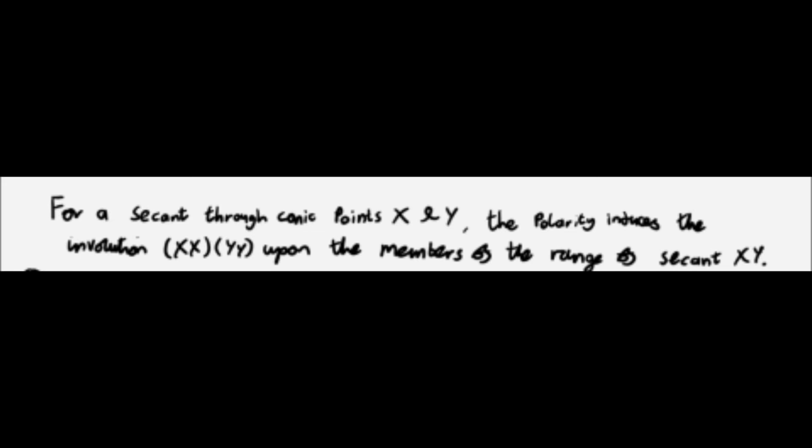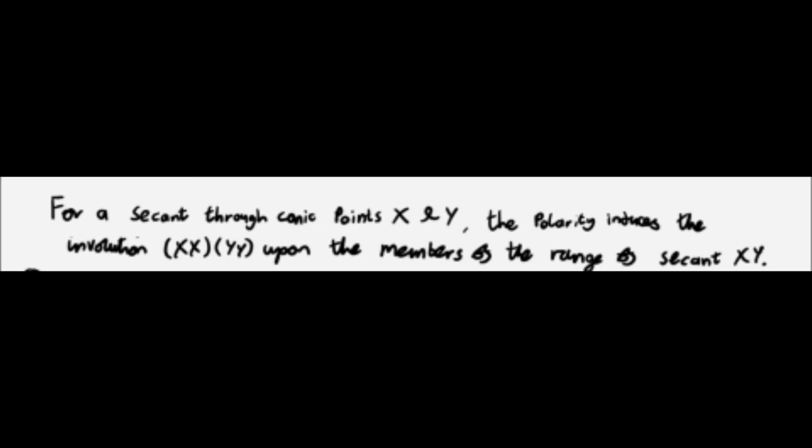One pair is X, X, and the other pair is Y, Y. Those are the 2 invariant points under the involution.